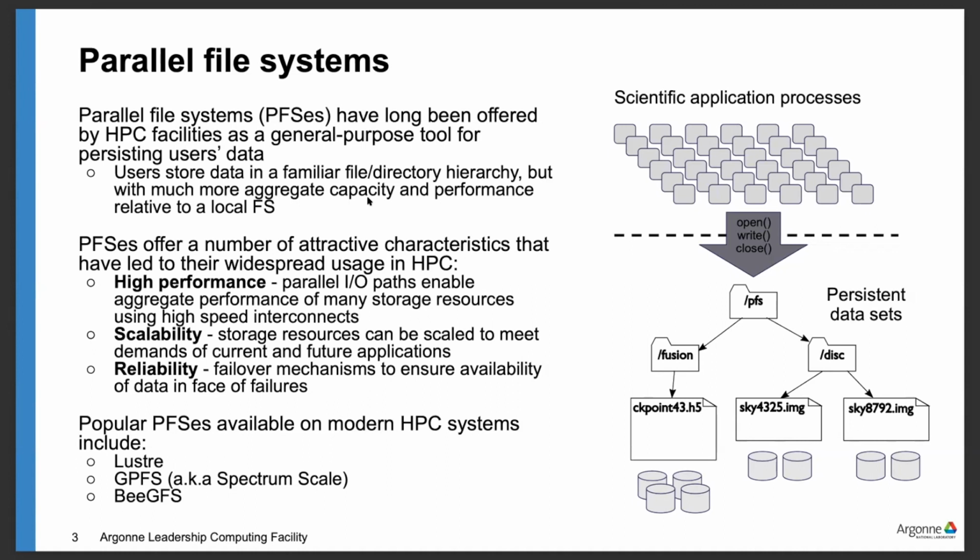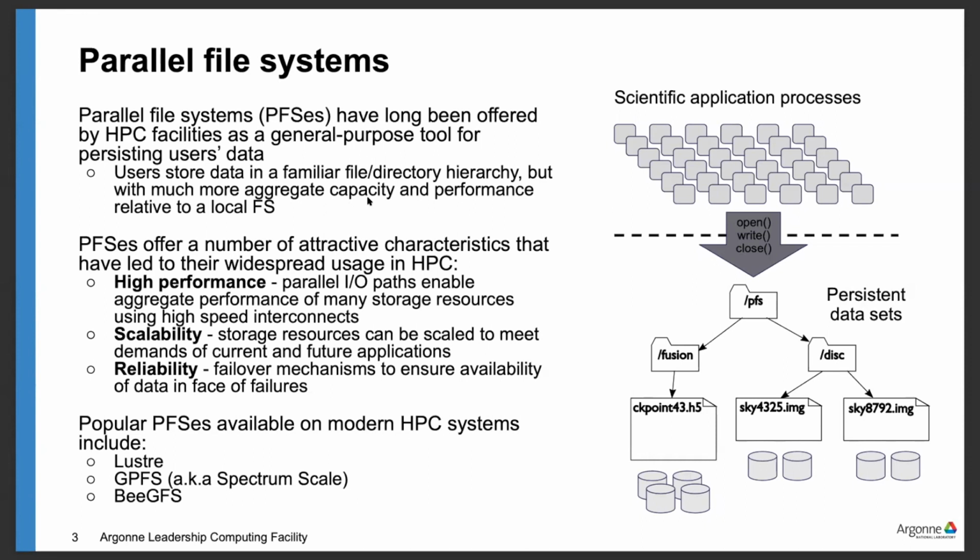And lastly, reliability. There are thousands and thousands of independent devices in the storage system. You can't just have it keel over when one of them goes away. So the ability to have high availability and reliability in the face of those failures is critical to ensuring productivity.